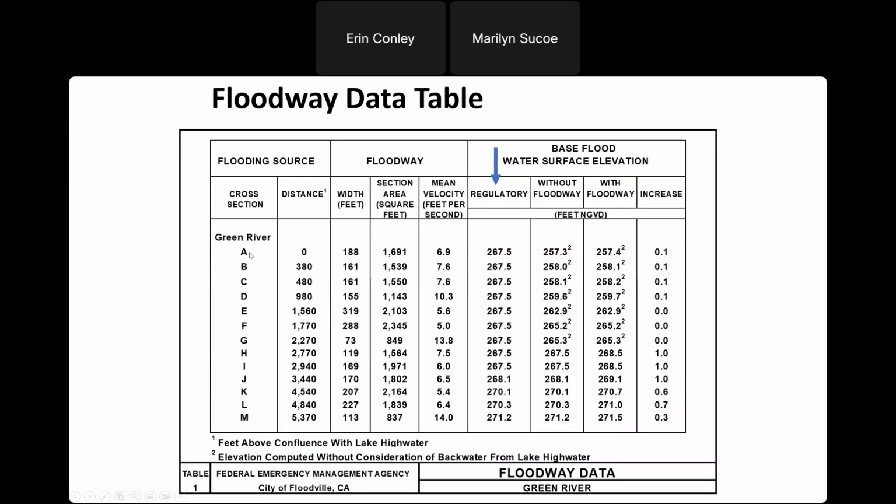Here's an example of the Green River. Clearly, it's got some backwater conditions, so the elevation of 267.5 is fairly consistent until you get to between cross-section I and J, where it starts to change.